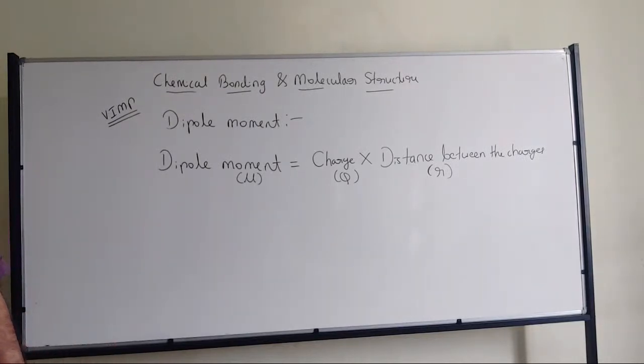So mu is equal to charge into distance between the charges, or we can tell the distance of separation of these charges. That's where we have the dipole moment. Right? All of you have understood?